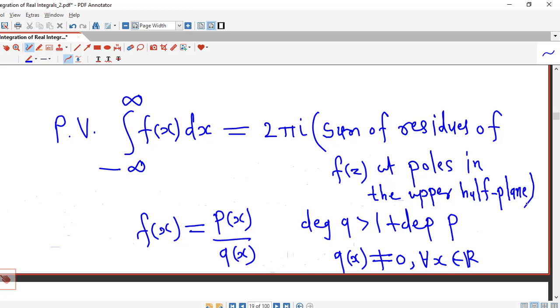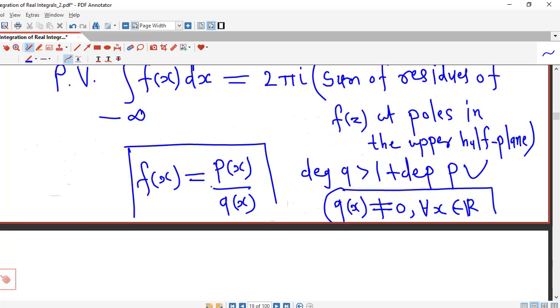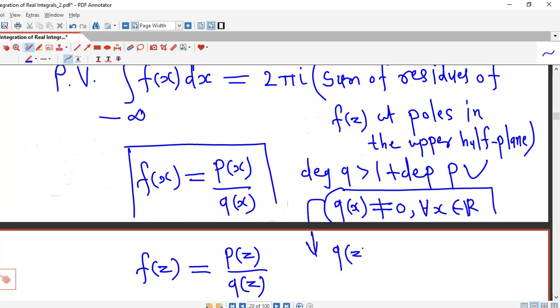To use this formula, we have the assumption that f(x) is a rational function, degree of q is strictly greater than 1 plus degree of p, and q(x) is non-zero for every x belongs to R. That is, there are no zeros of q(x) on the real axis. That means if we consider the corresponding complex function, say f of z equal to p of z over q of z, then this condition implies that q is also non-zero on the real axis.